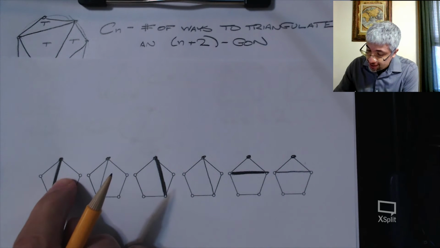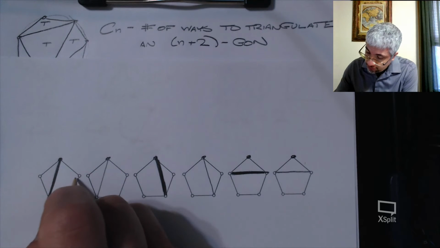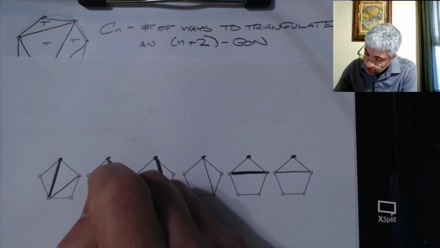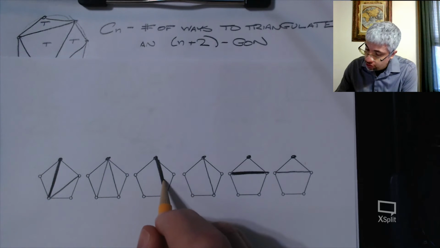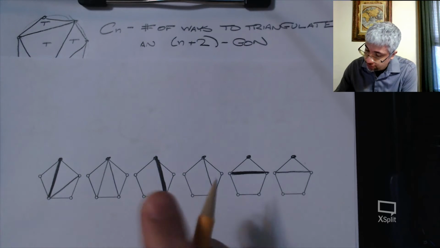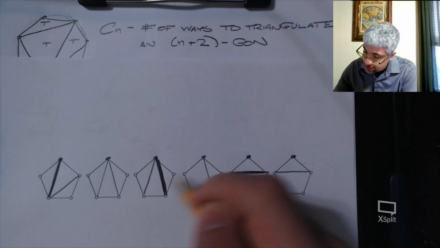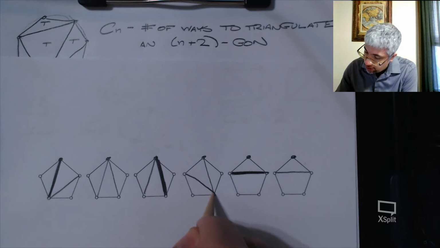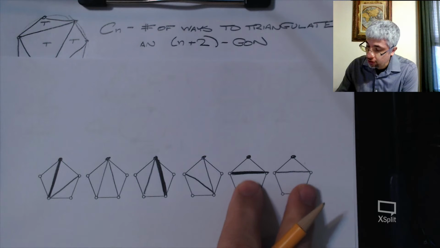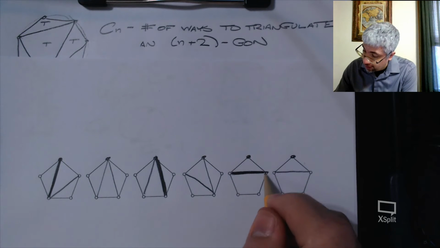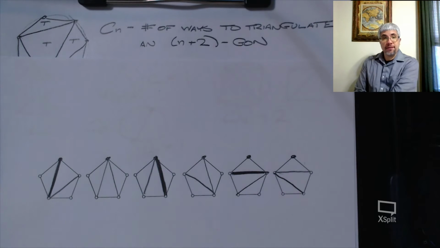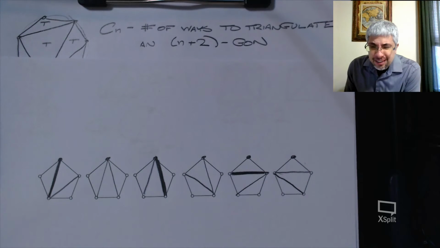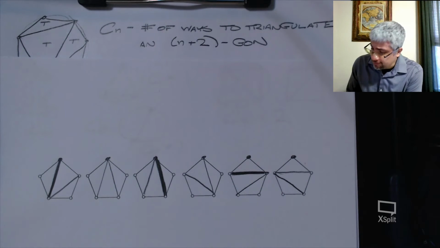So if I draw this line, I still have a fourgon. That could be filled in 2 ways, this way or this way. And if I draw this one first, I still have a fourgon over here. That could be filled in 2 ways, this way or this way. And if I draw this line first, I still have a fourgon. That can be filled in 2 ways, this way or this way. But does anyone see anything wrong with this?